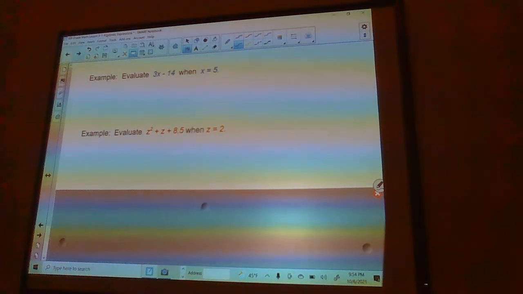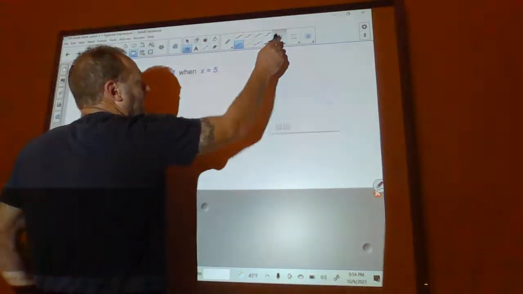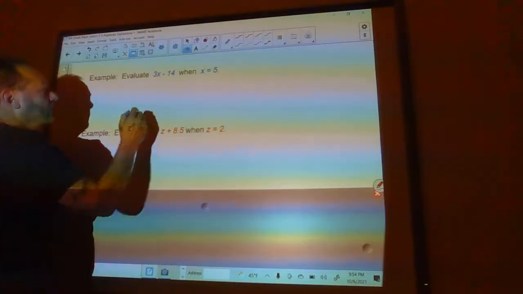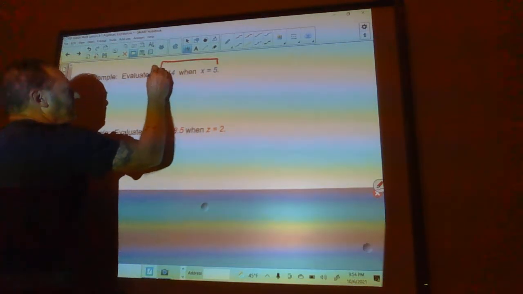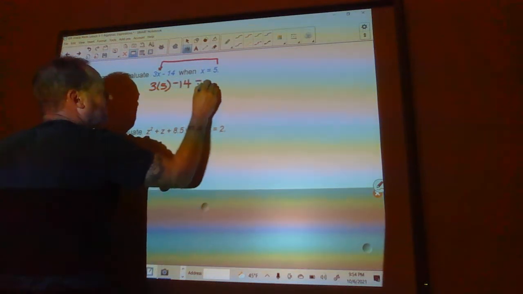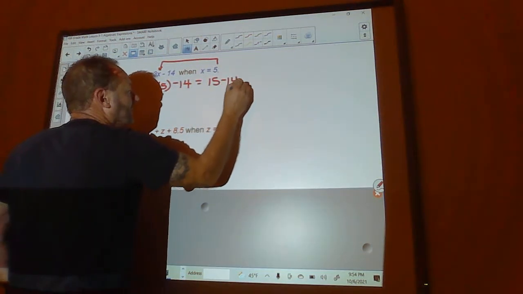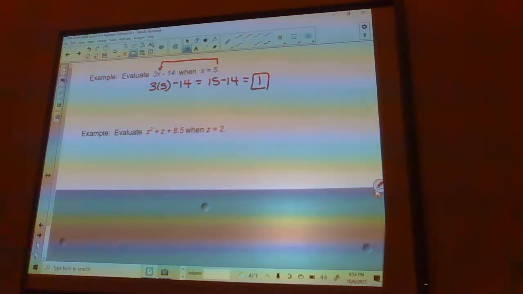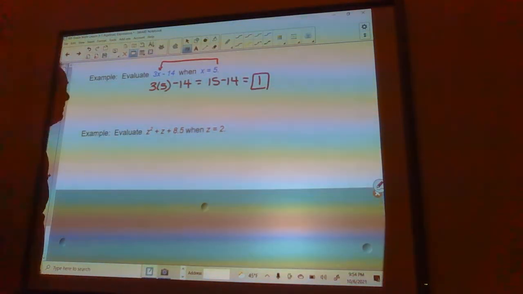Okay, evaluate 3x minus 14 when x is 5. So more of the same type of stuff. We can just substitute the 5 in here. So we get 3 times 5 minus 14 would be 15 minus 14, which would equal 1. I want you to show all this work when you do this too.